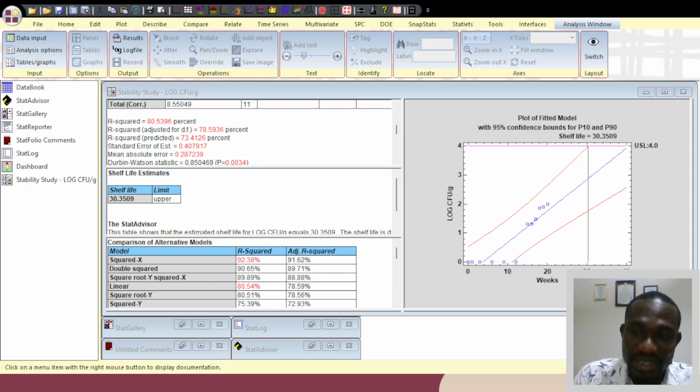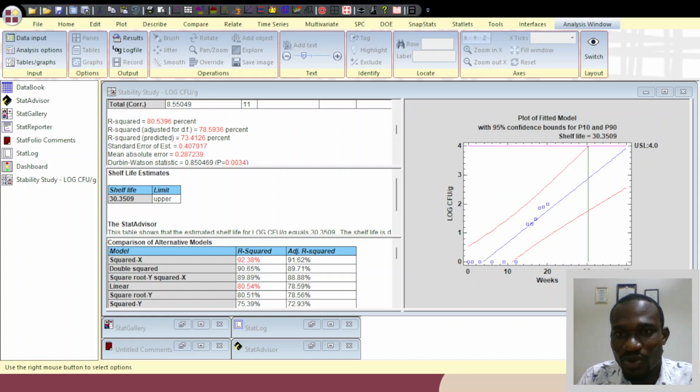And the reason is that it tells how well the independent variable, which is our response, the log CFU in this case, the microbial count, relates with the dependent variable, that's the time. And as we all know, when the product is being stored for a long time, the expectation is as the time is increasing, the product will also be going towards its deterioration.